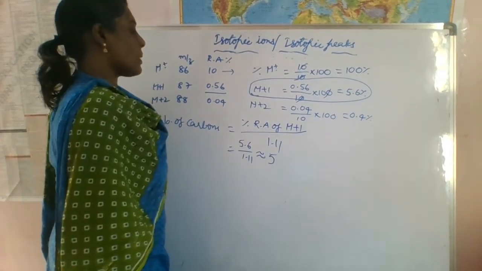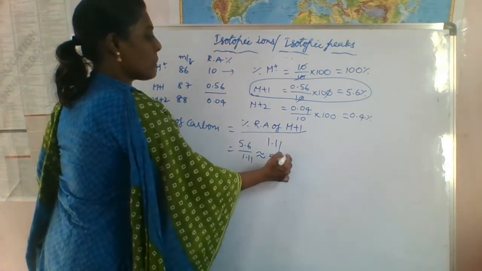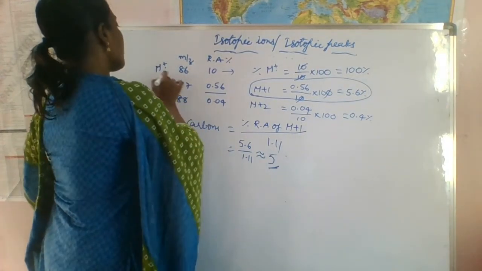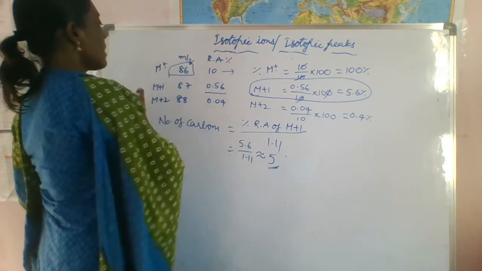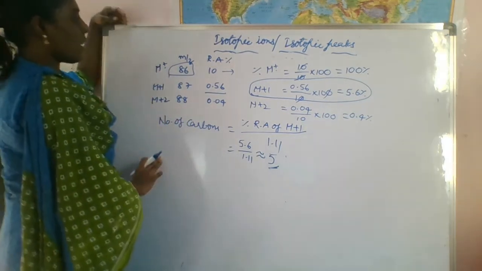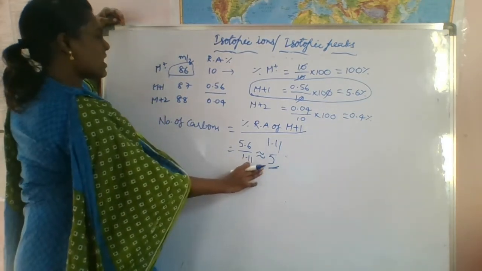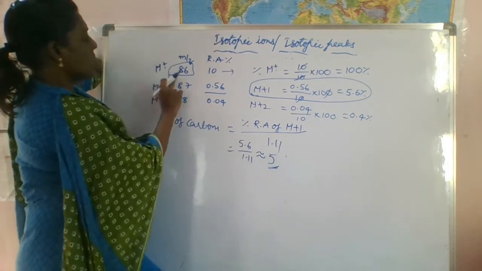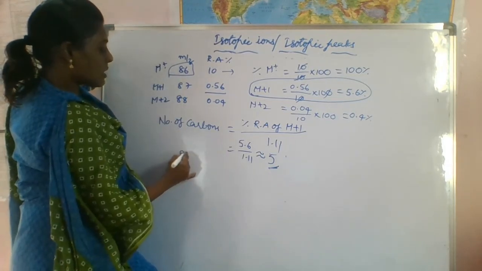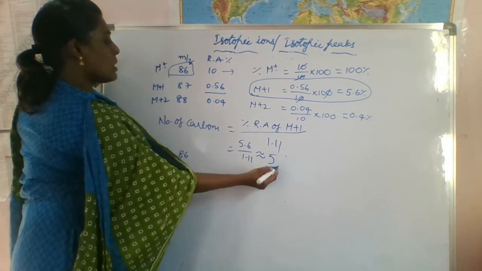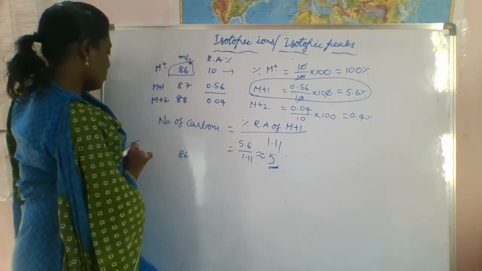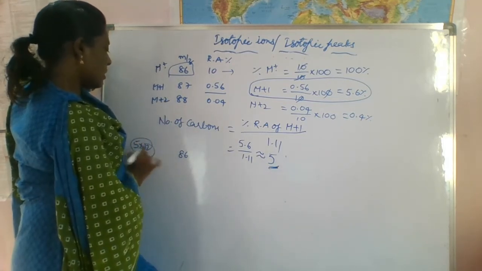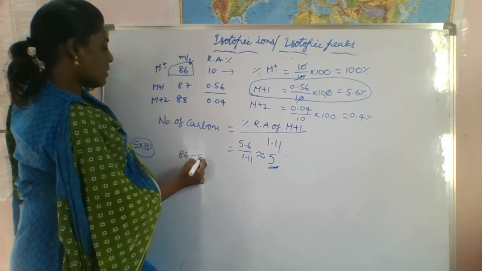So approximately 5 carbons are present. The molecular ion peak is 86, so we have to subtract the mass of these 5 carbons from 86: 86 minus 5 into 12.